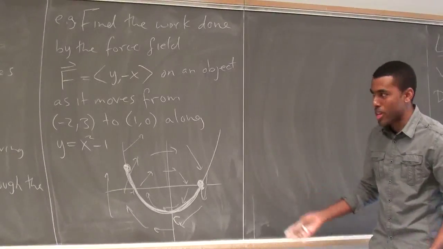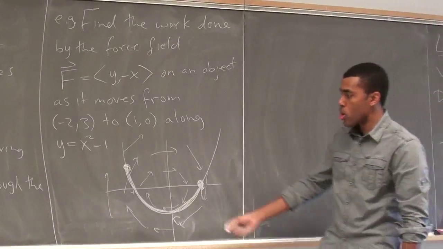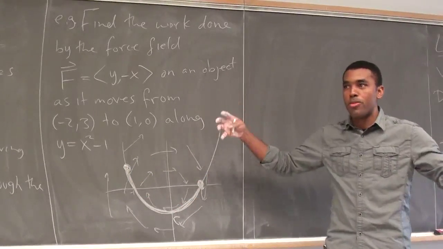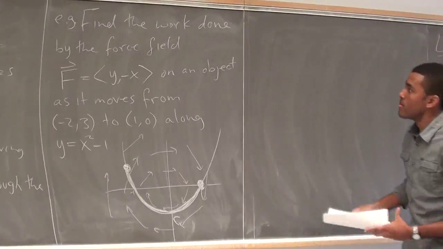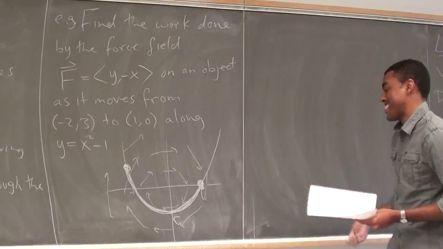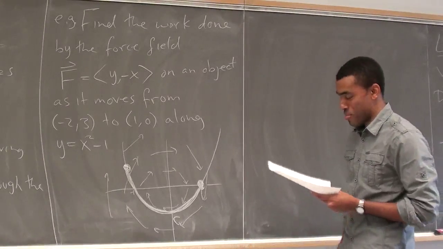Well, we'd have to compute the work to find out, right? So we're going to figure out how much work is done to move from this point to that point if the external forces around us are according to this vector field. Fiscally smart, whatever, economical.